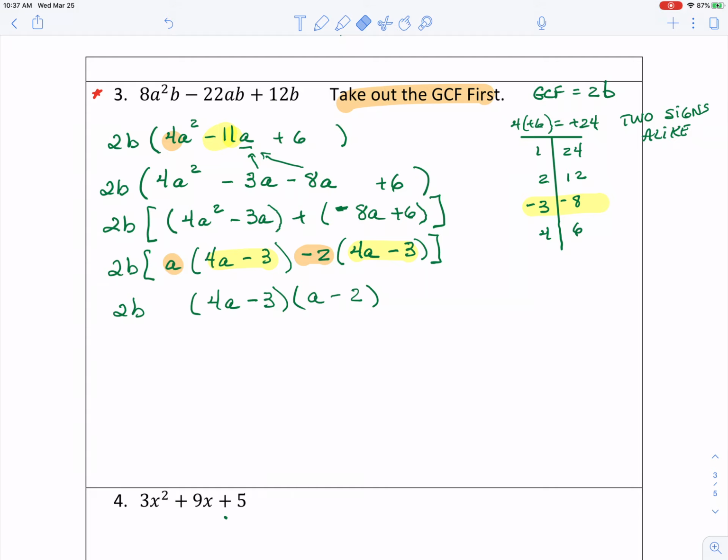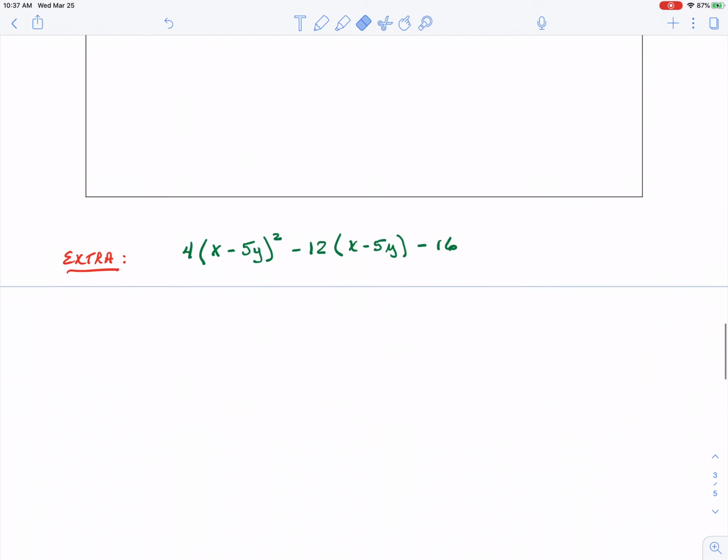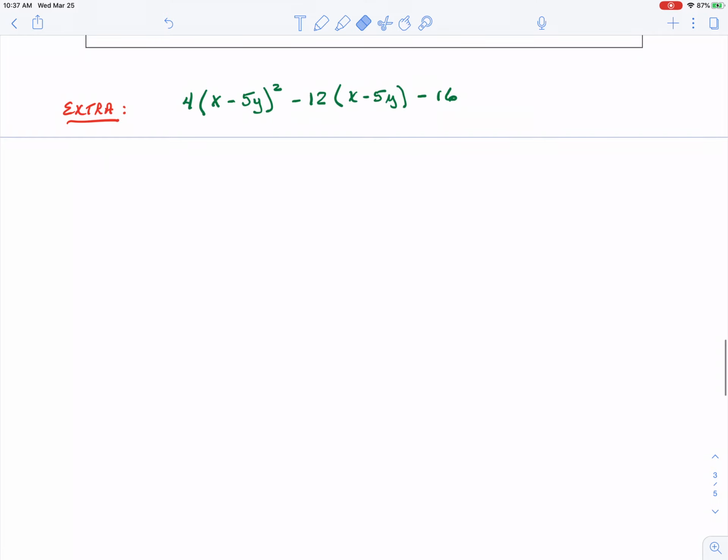All right, one more I wanted to show you, because there was one like this in some of the homework, and a student brought this in to me. This is a much more complicated one, because you have in here some parentheses. Instead of a single letter, you've got a binomial expression. The simplest way to handle this is to choose some other letter.